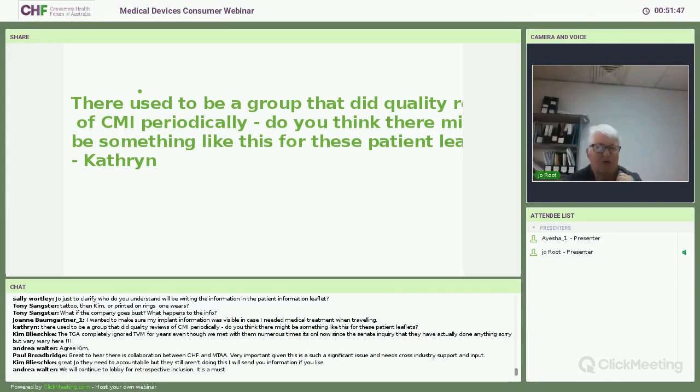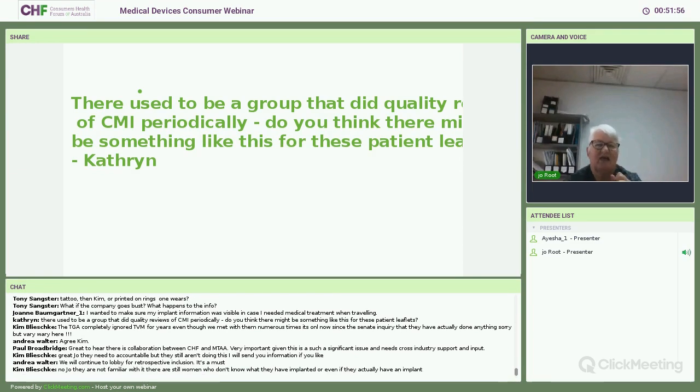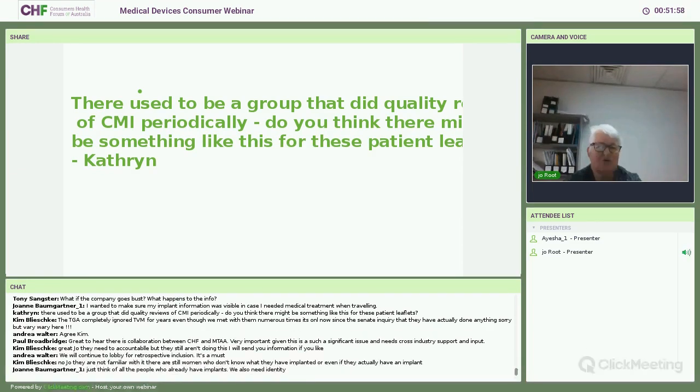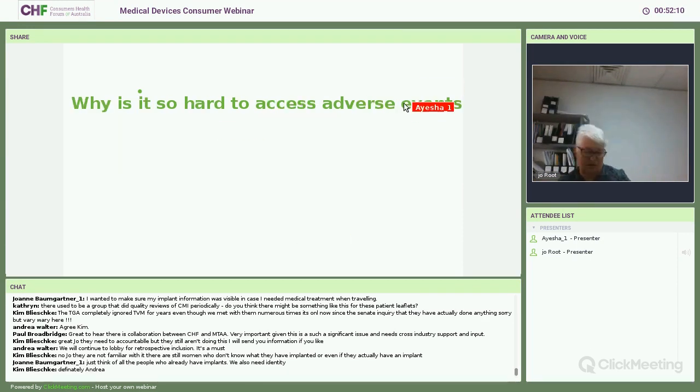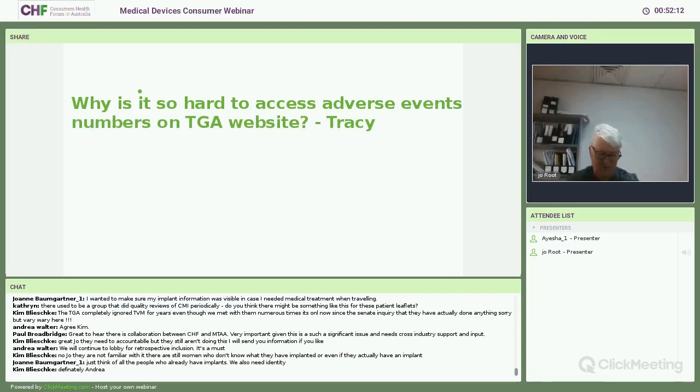Sometimes it's better to work in a collaborative fashion rather than trying to legislate for everything. So even if we don't have the legislation there, if we can sell it to them that it's worth their while, then we'll do that.